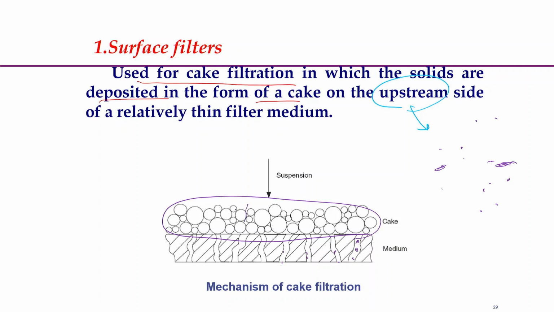If we assume the particles are spherical, still there will be pores in between them, so that air can pass through, but it still stops the smallest particles from flowing through the cake.